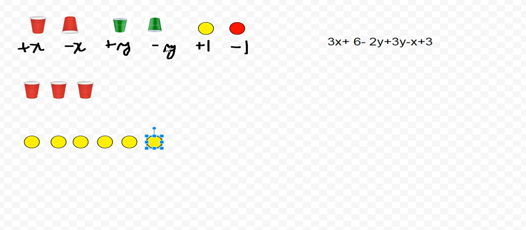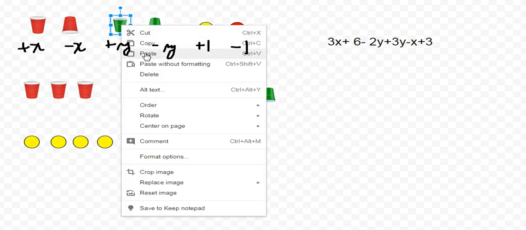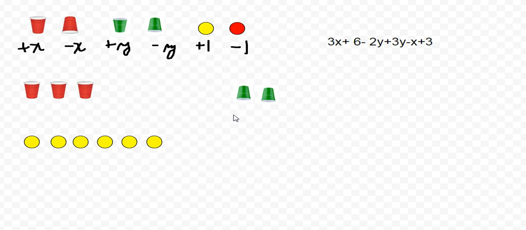Okay, now I have minus 2y. My negative y are my green cups, so I get a couple of those. Paste. Okay, minus 2y plus 3y, so I need 3 green cups that are right side up. 2, 3.